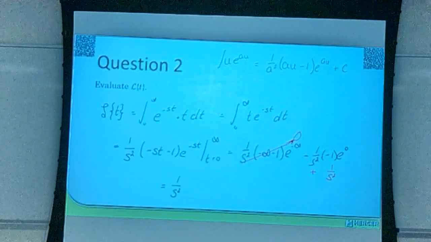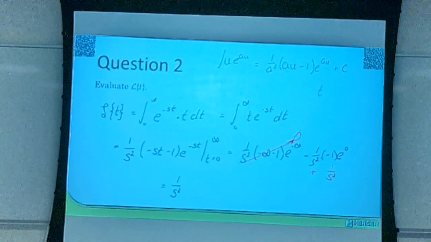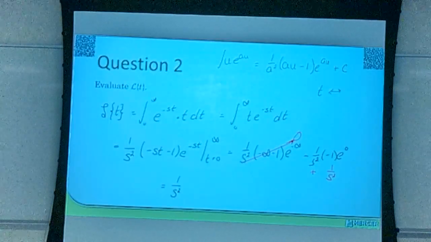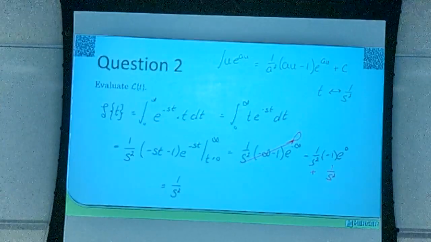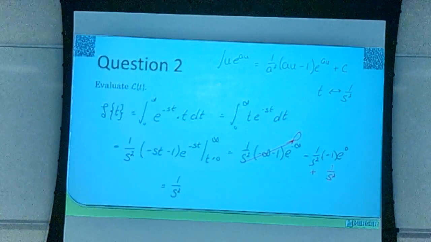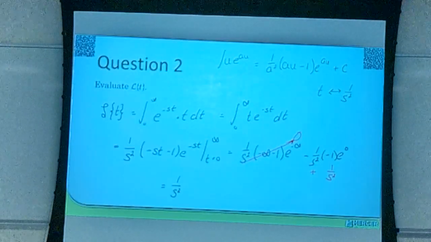I will also bring up notation. Your book uses this notation to represent transforms. That is not the notation that I grew up with.